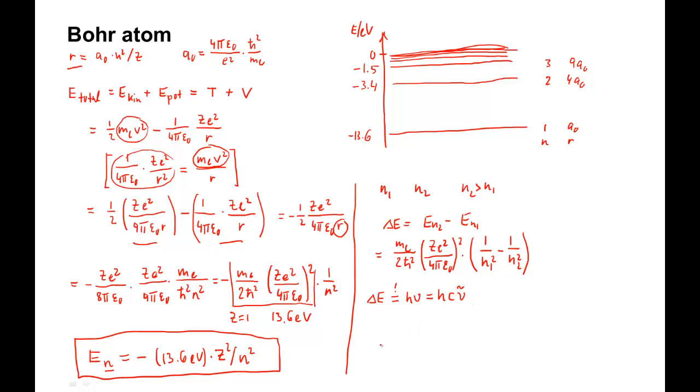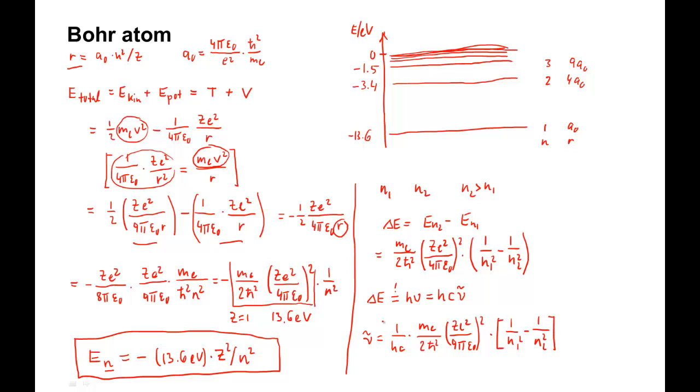Rearranging this, we get nu tilde equals 1 over hc times me divided by 2 h bar squared times (Z e squared over 4 pi epsilon 0) squared times, and then in parentheses, the quantum number expression 1 over n1 squared minus 1 over n2 squared.